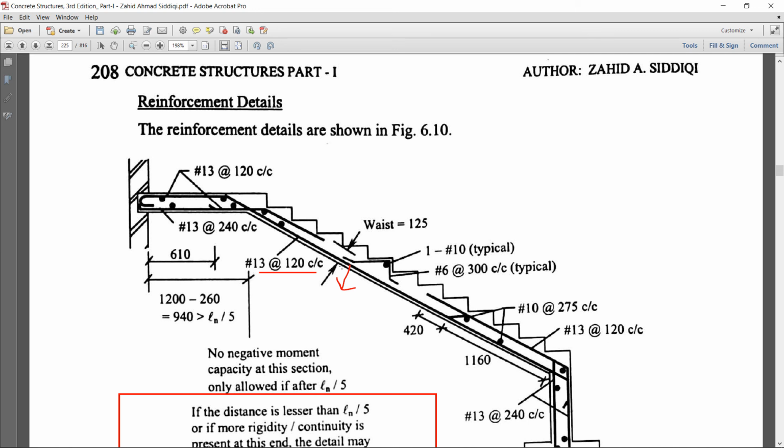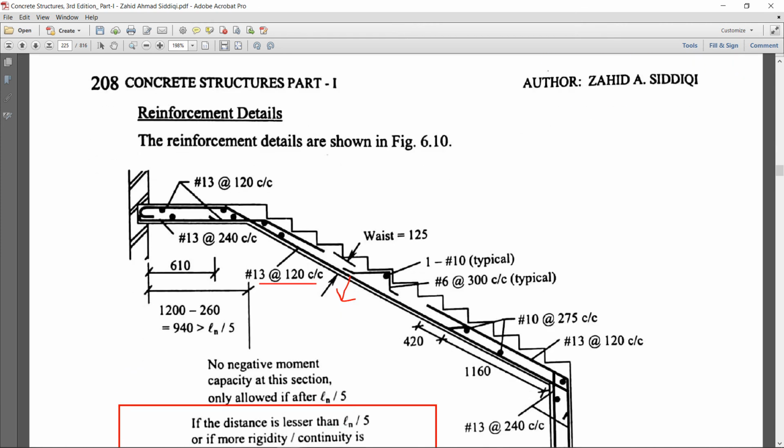Whatever the main steel comes to, you will provide it. As you can see, that bar will go straight upward and then take a 180-degree turn, and the bottom steel in the landing area you will continue up to ln by 0.3 ln.